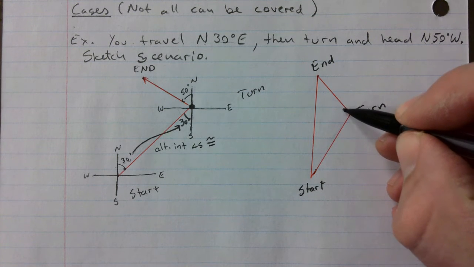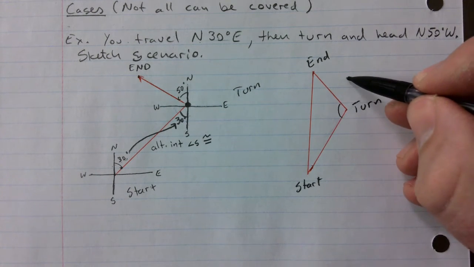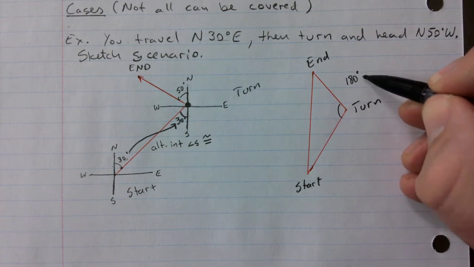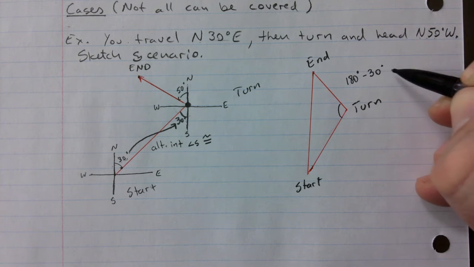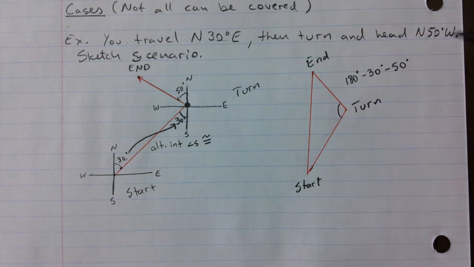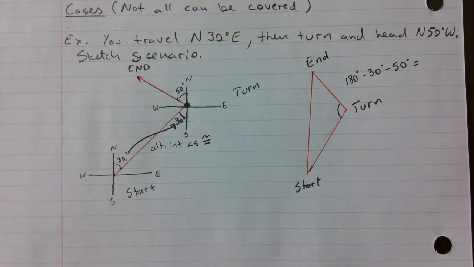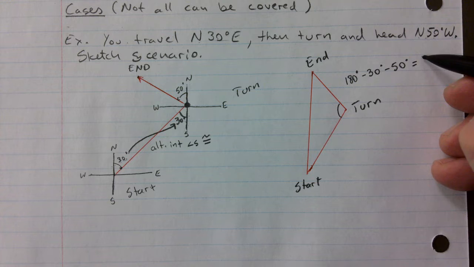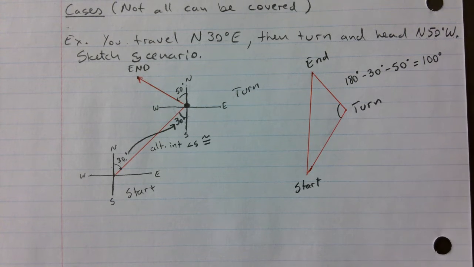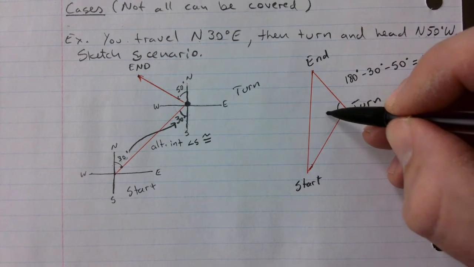So this guy right here, I'm going to show how I got that. 180 minus 30 minus 50. That is equal to, mental math, 100. You're too busy copying. I get it. So this is 100.